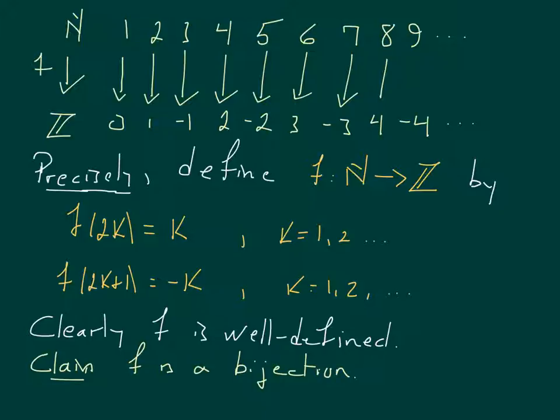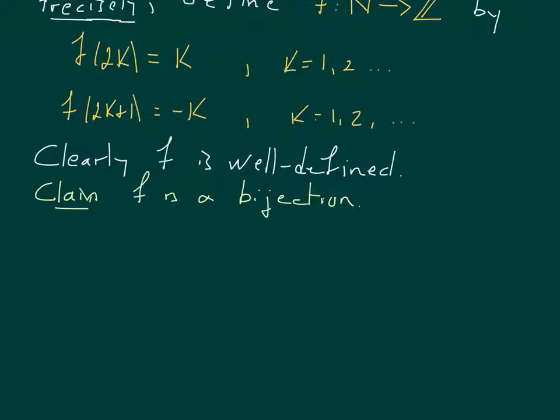Alright, so what's involved in doing that? Well, we need to show that f is both one-to-one and onto. So let's do that. First, we'll show that f is onto, or surjective. So how are we going to do that? Well, we are going to take an arbitrary element k in Z, and what do we need to show?